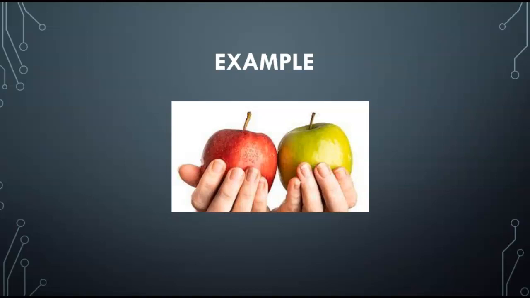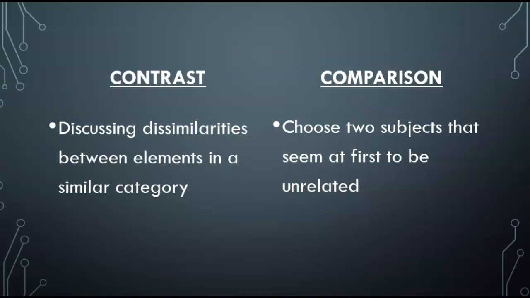For example, Red Delicious apples are sweet, while Granny Smith's are tart and acidic. Discussing dissimilarities between elements in a similar category will increase the audience's understanding of that category, which is the purpose of the comparison and contrast essay.